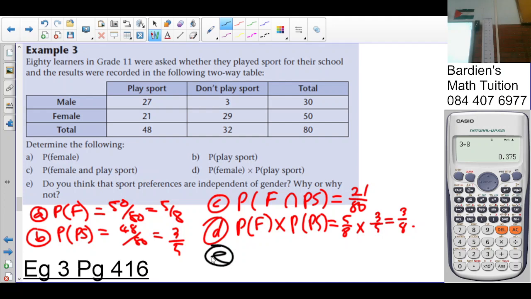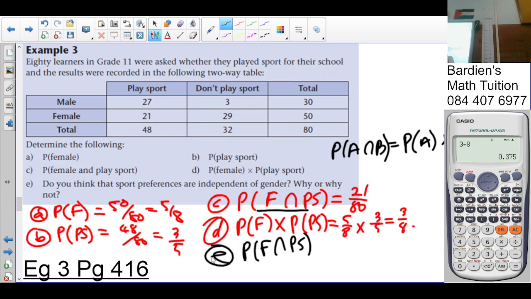E, do you think that the sport preferences are independent of gender? So again, you're going to prove or disprove the fact that the probability of A intersection B is equal to the probability of A times the probability of B. So if you look here, is the probability of female intersection playing sport equal to the probability of female times the probability of playing sport?